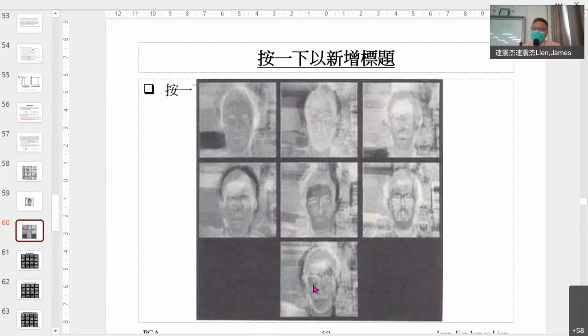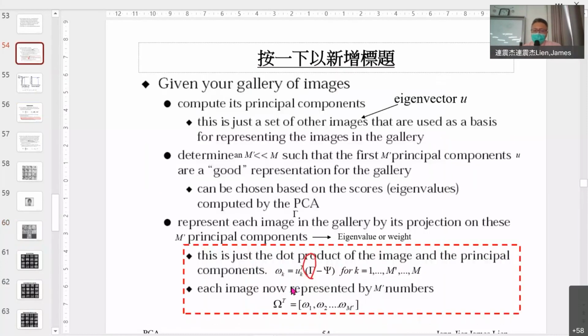那些不重要的，你就可以忽略。所以回到这一边，so that's meaning any image you project to the eigenspace. Originally you can project to 16 eigenfaces, but you only need the first 7. So your eigenspace from 16 becomes 7. That's meaning any image you project to the new eigenspace, you only keep 7 projection weights.